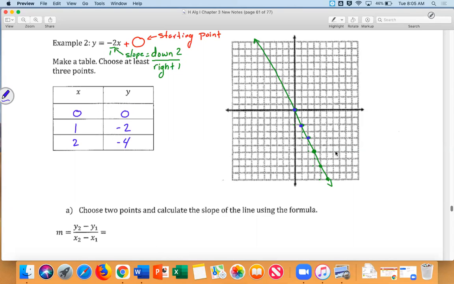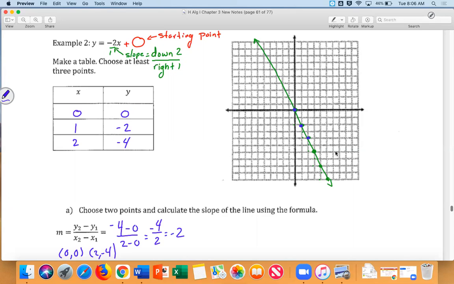I'm going to take the point 0, 0, and the point 2, -4, and plug it into my formula, which would give me -4 minus 0 over 2 minus 0. And that's going to give me -4 over 2, which is -2.